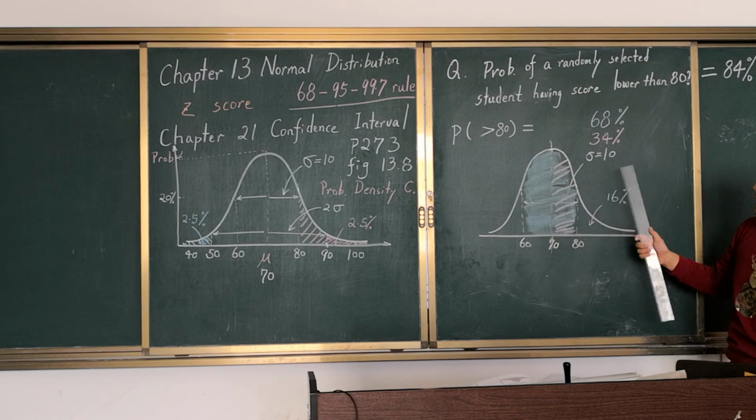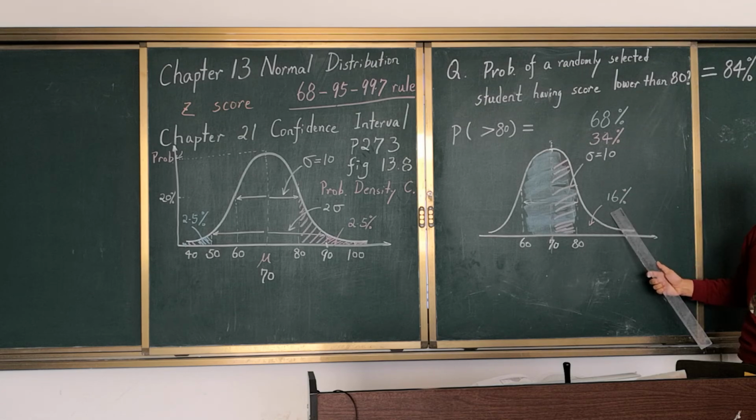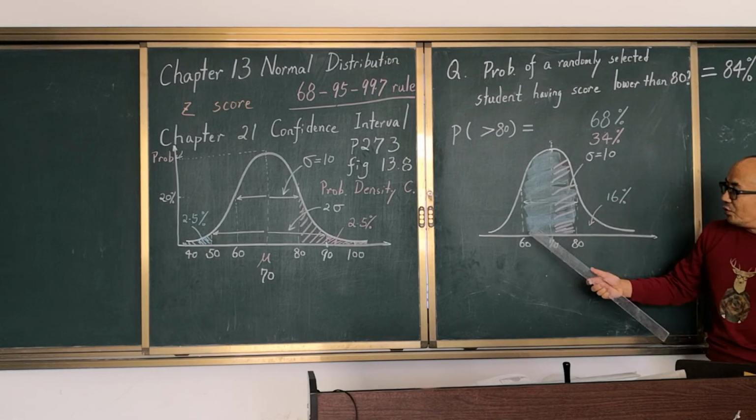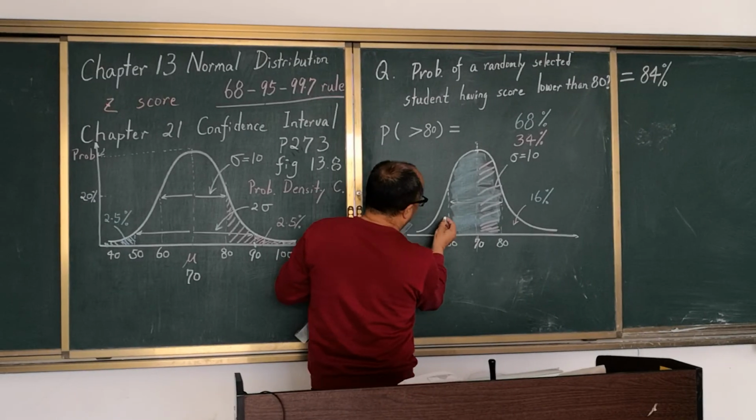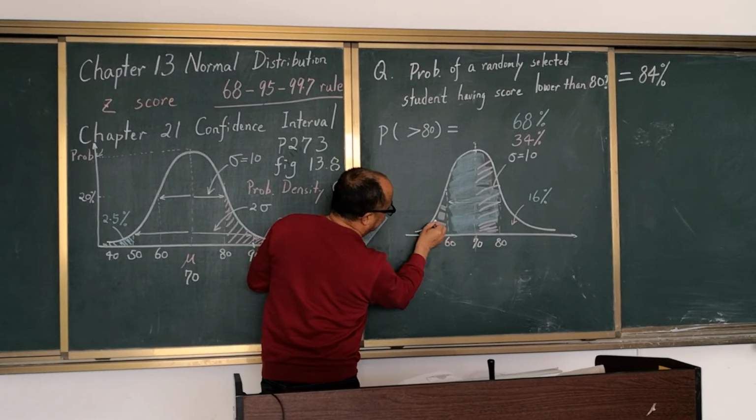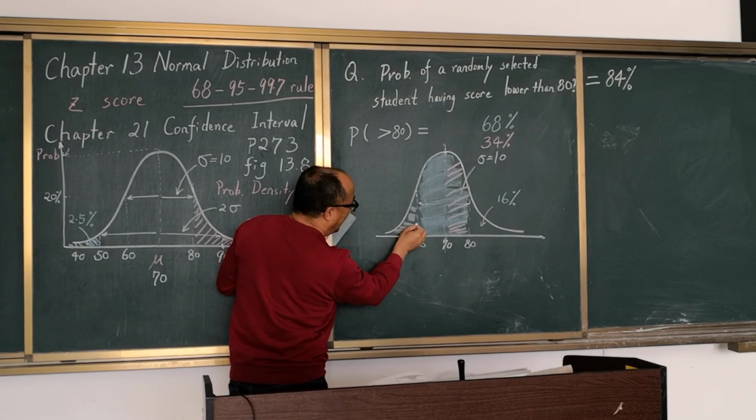So one way is the 100% minus this one. Another way is by adding up. What's the area of this?